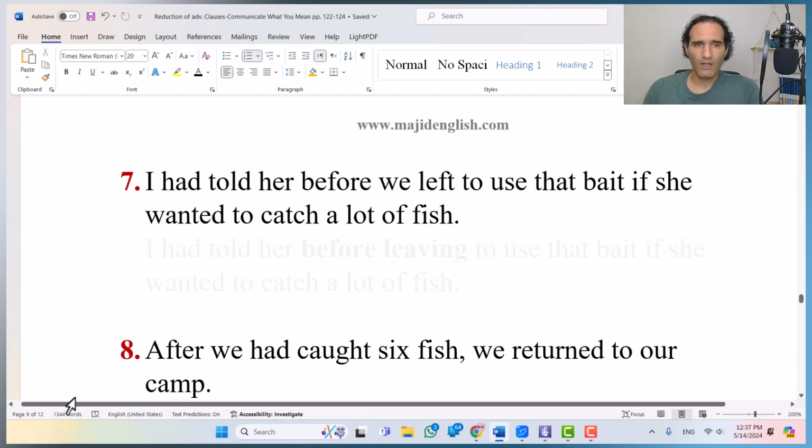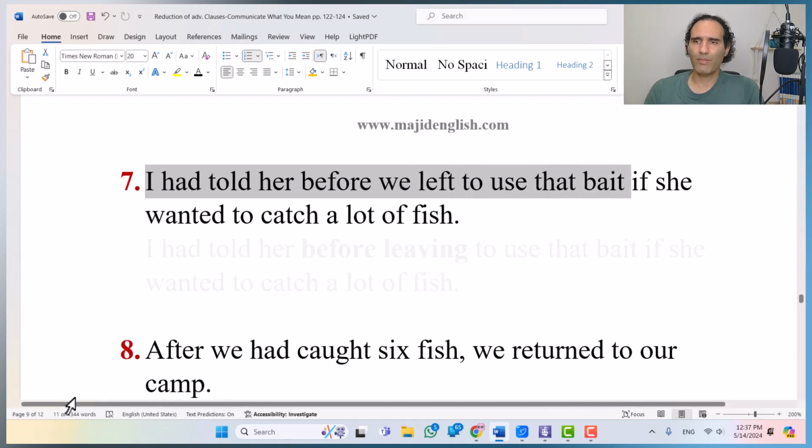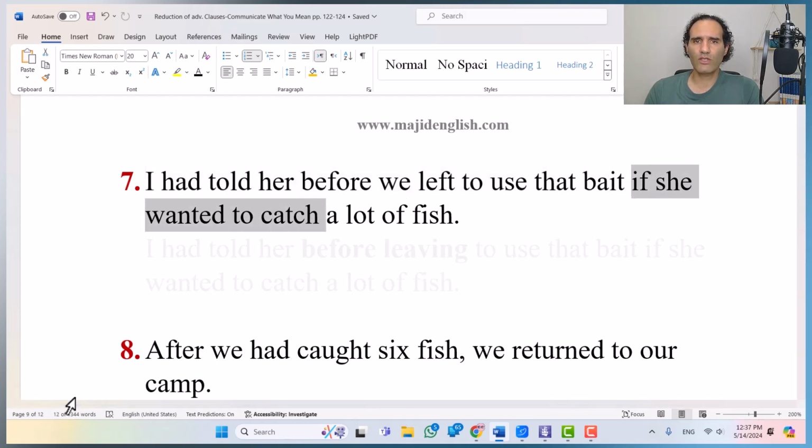Number 7. I had told her before we left to use that bait if she wanted to catch a lot of fish. So this sentence has a lot of points for us to talk about. Here, I, and here, we. So are these subjects the same? I say yes.